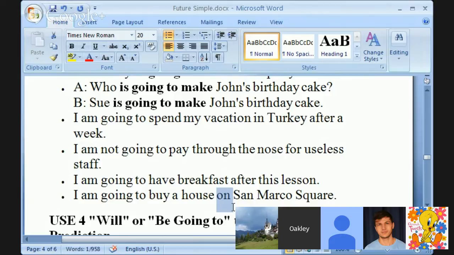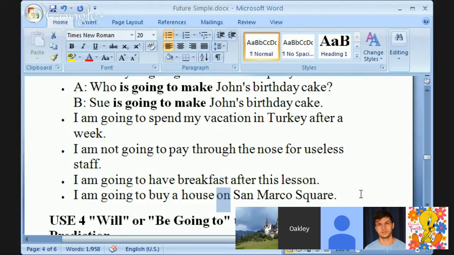Here, I want to point out that this is interesting. This is correct. He's absolutely correct. Normally, when we're talking about an area, we say in. There's a weird little exception here. If you're on a square or on the lake, I'm going to buy a house on the lake at the edge of something else. I'm going to buy a house on the seashore. Okay, on the edge of something else.